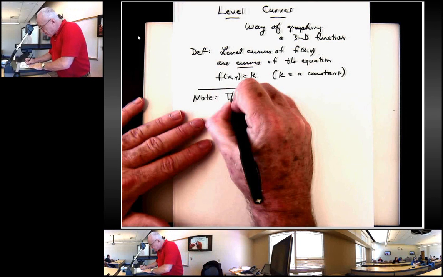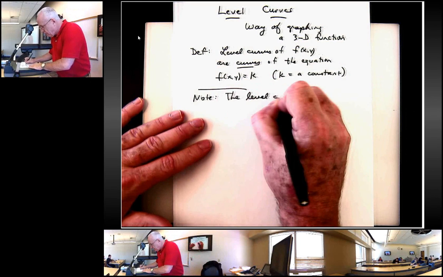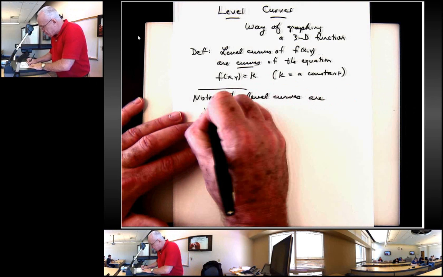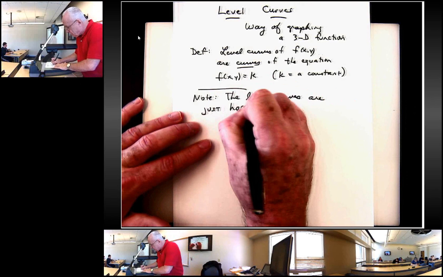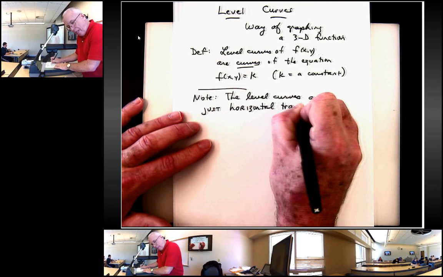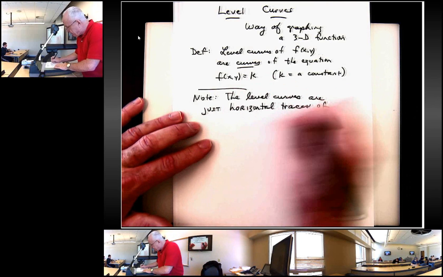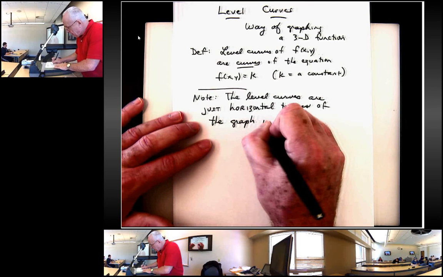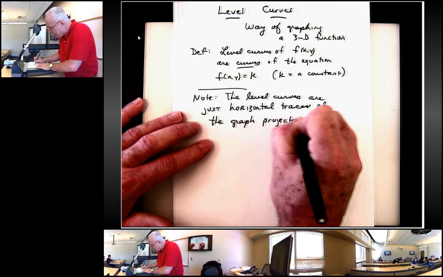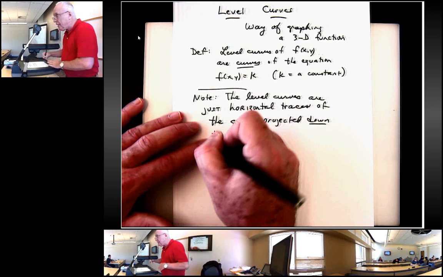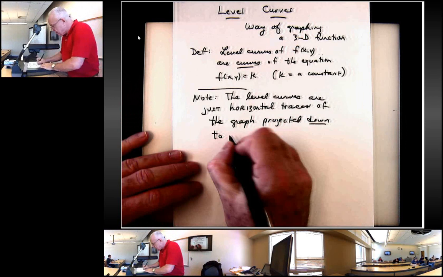The level curves are just horizontal traces of the graph and projected down. That's what I meant by squeezed or flattened down to the XY plane.